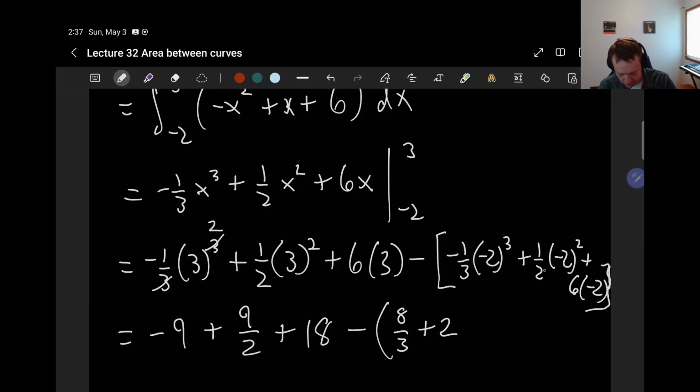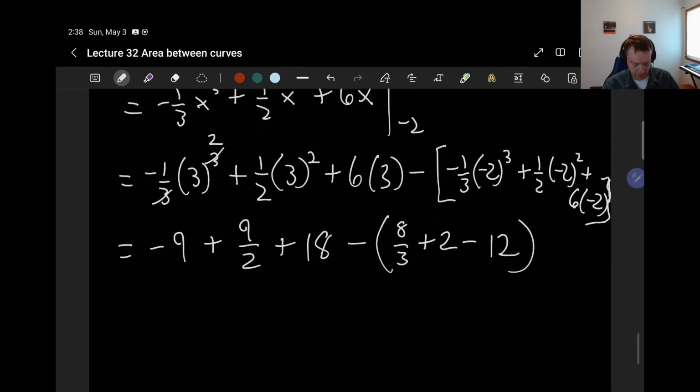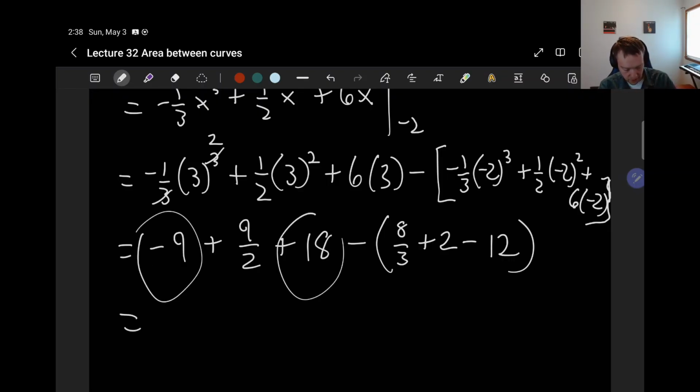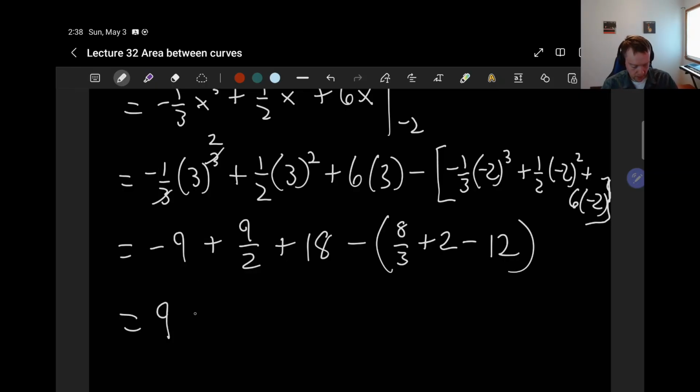Then minus 12. And I still haven't distributed this negative yet, so we'll have to do that. While I'm at it, I can combine this negative 9 and 18 as well. So that'll be 9 plus 9 halves.